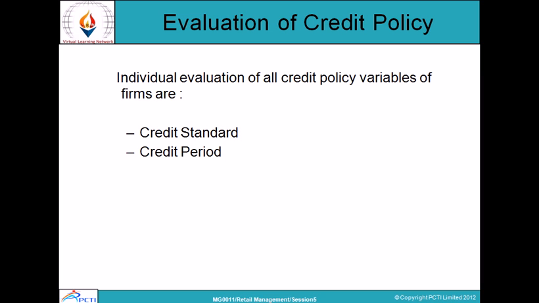So, individual evaluation of the earlier discussed credit policies: first is credit standard and the second is credit period. Credit standard is my standard of credit, normally what percentage I give. And credit period refers to the time period up to which I am offering credit. Right? Any questions, friends?